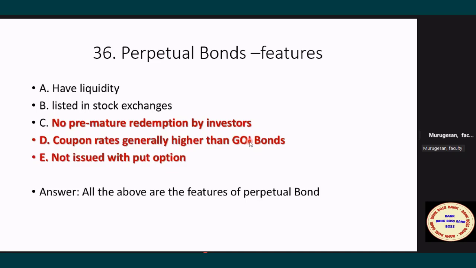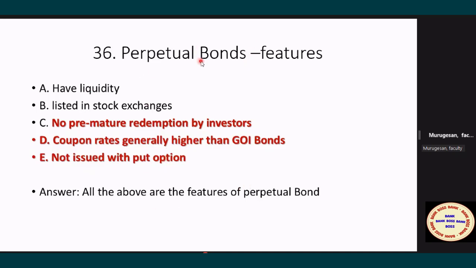Government of India bonds have the highest liquidity and zero risk, so their interest rate is lower. But in a perpetual bond, the investor is taking risk and investing for a long time, so you have to attract them by offering a little more interest than the Government of India bond. It is not issued with a put option.